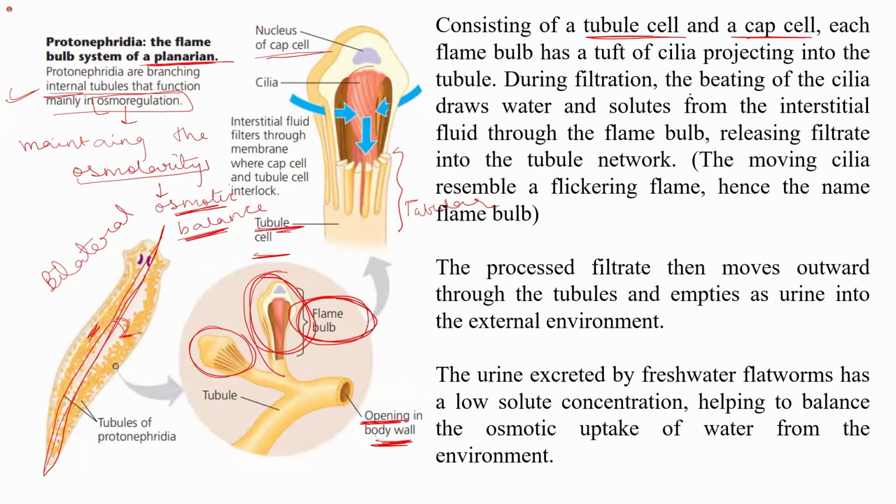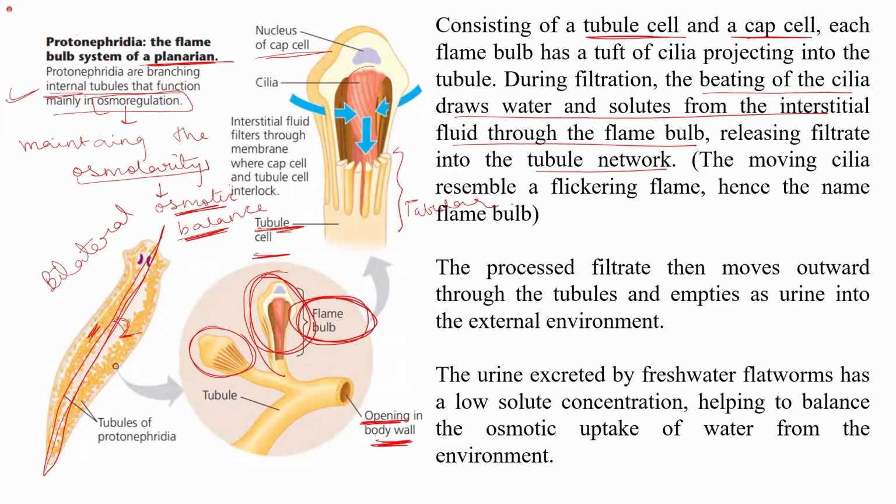During filtration, the beating of the cilia draws the water and solutes from the interstitial fluid through the flame bulb, releasing filtrate into the tubule network. Interstitial fluid is the one surrounding these organs.